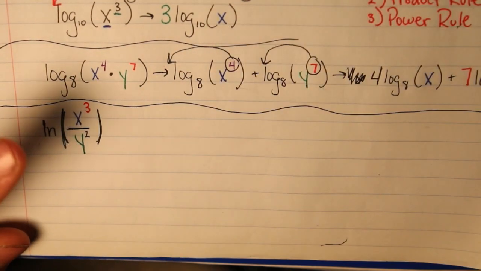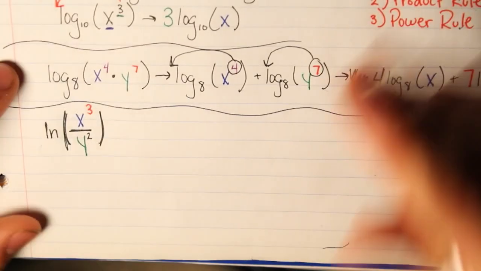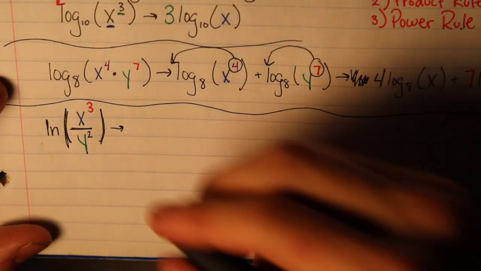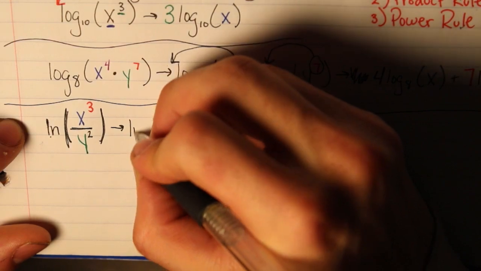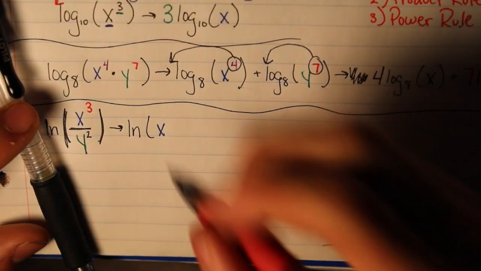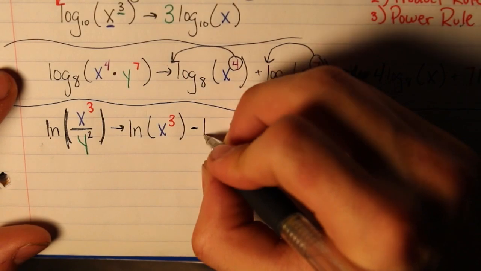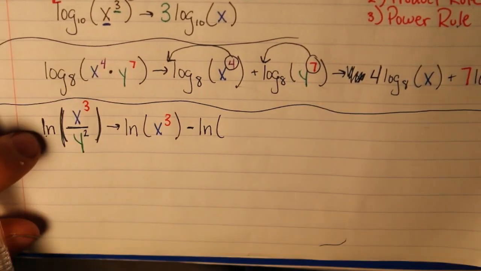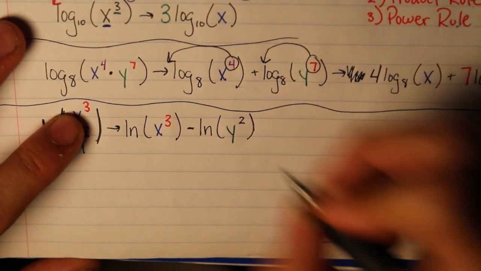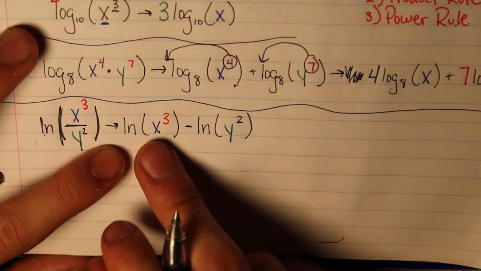All right, first, what's my first thing if we're expanding? The quotient rule. So I'm going to separate the numerator from the denominator. We keep the same log, so we have natural log of x cubed minus our denominator, so the natural log of y squared, right? And now, since we moved on to here, we only have the power rule.